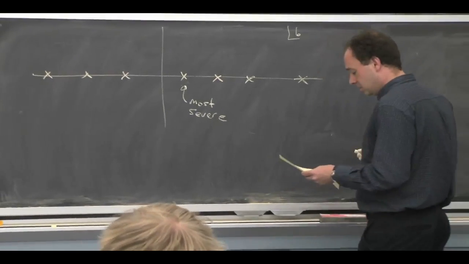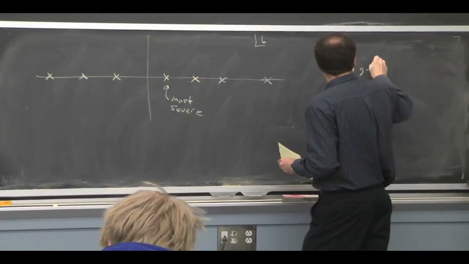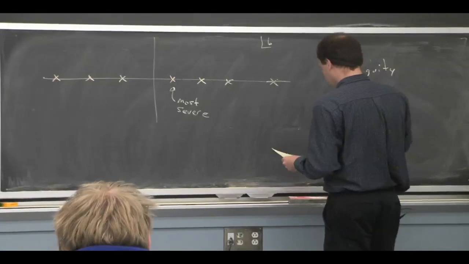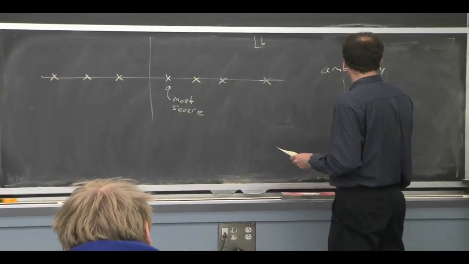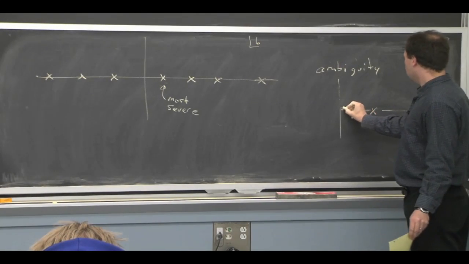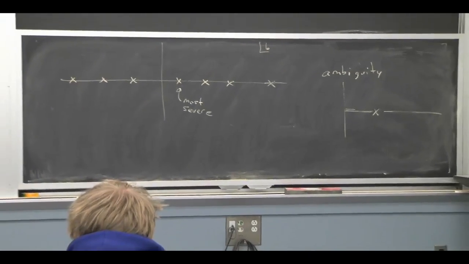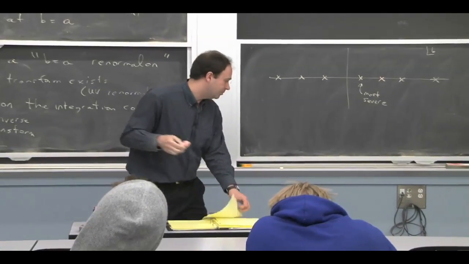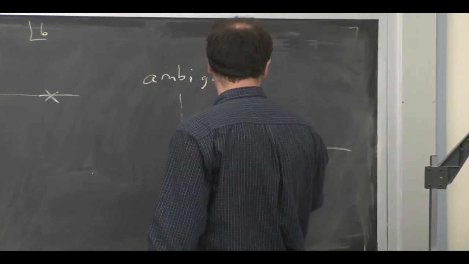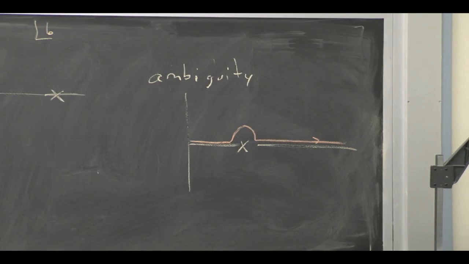And you can characterize the ambiguity in doing an integration. If you just think about one pole, let's imagine there's one pole. You can characterize the ambiguity by going above or below. So there are two possible ways of defining the integral, and you don't know which to pick. One is to go above, the other is to go below.